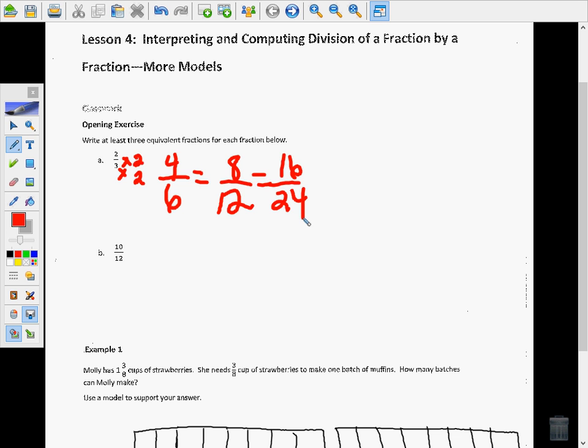Let's multiply 10/12 by 2 again: 10 times 2 is 20, 12 times 2 is 24. Or we could simplify it by dividing both of them by 4. 20 divided by 4 is 5, and 24 divided by 4 is 6. We could also say this is equal to 25 over 30. So again, answers will vary.